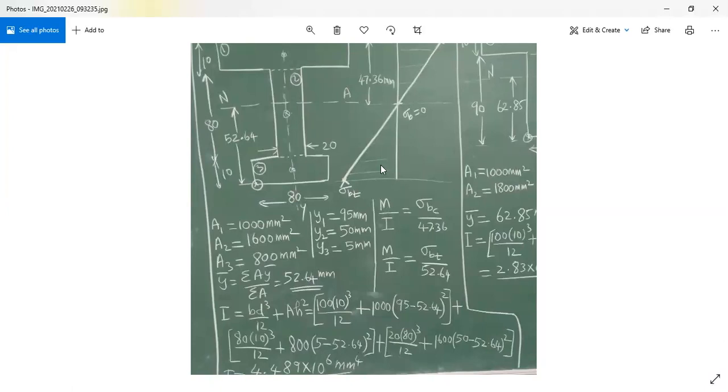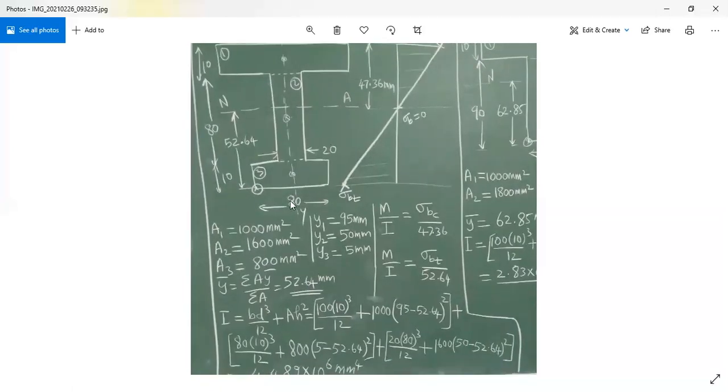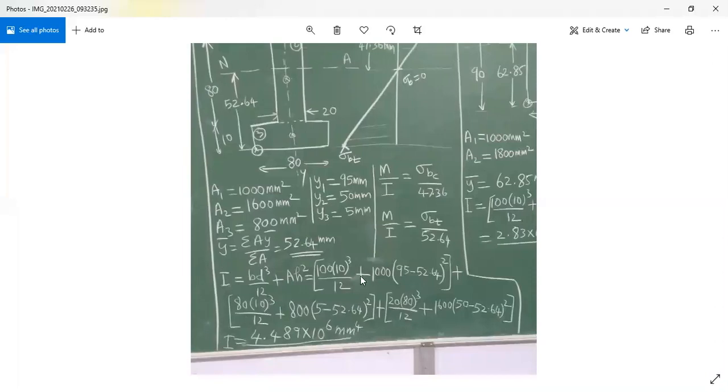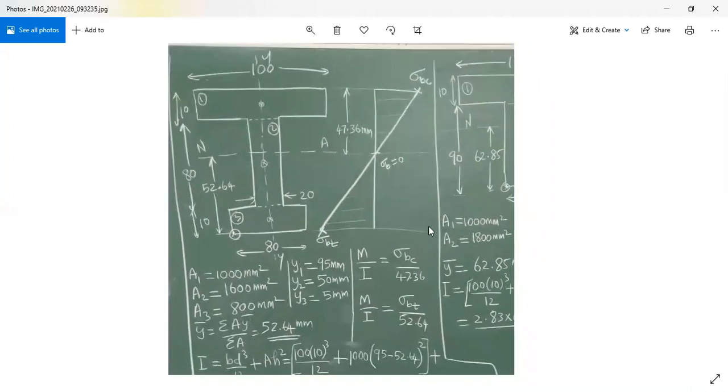Similarly, plus for the top section 2, 20 into 80 cube by 12 plus area 1600 into y2 minus y bar the whole square, right? If you simplify this, I am getting 4.489 into 10 power 6 mm power 4.